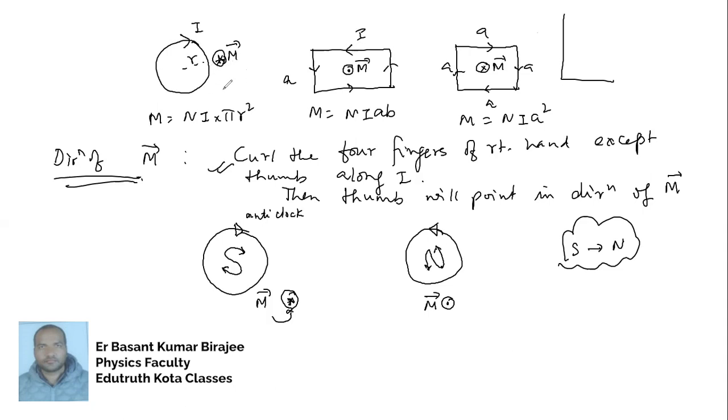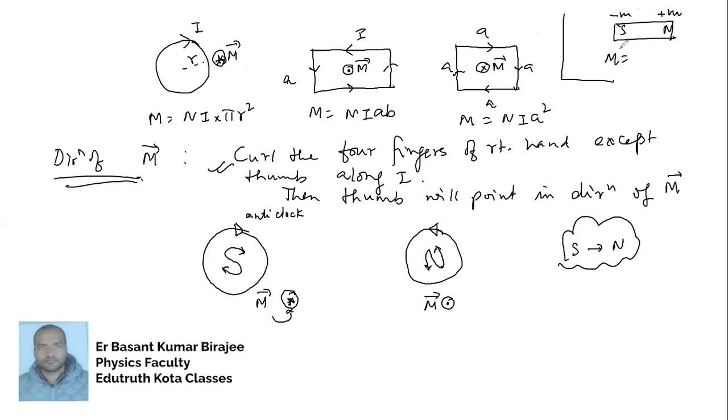And how do we express the magnetic moment then? In the case of a bar magnet, we calculate the dipole moment as follows: this is the south pole, this is the north pole. The pole strength of the south pole is written as minus m, and that of the north pole as plus m.